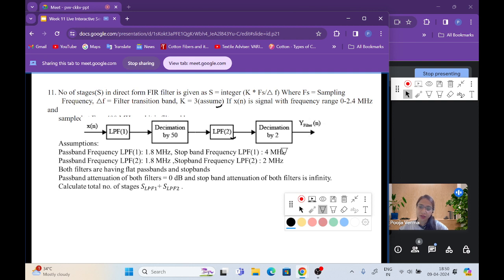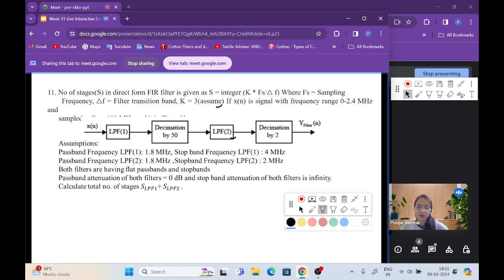The assumptions are: passband frequency of low pass filter 1 is 1.8 megahertz, stop band frequency of low pass filter 1 is 4 megahertz, passband frequency of low pass filter 2 is 1.8 megahertz, and stop band frequency of low pass filter 2 is 2 megahertz.